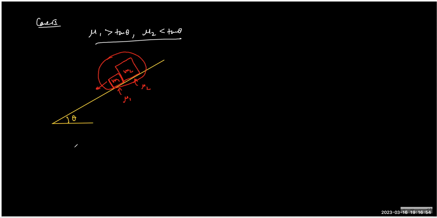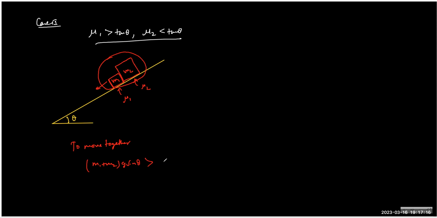So what we'll say is, to move together, the net gravitational pull, which is this, am I right? Should be greater than the net limiting friction. What is that?